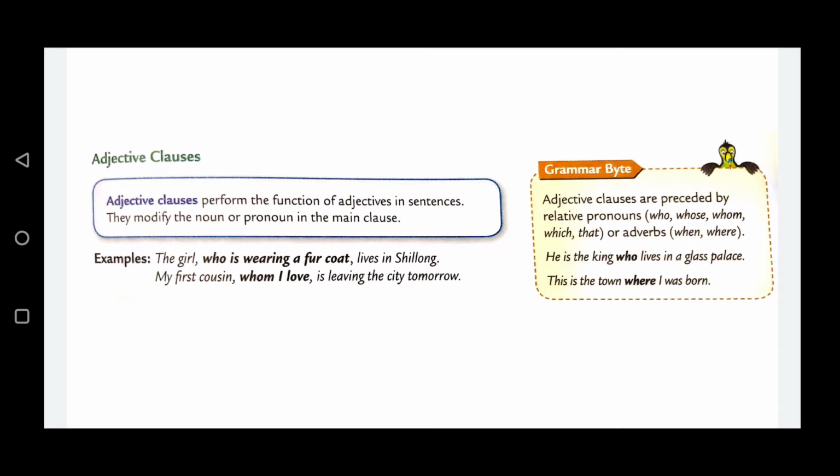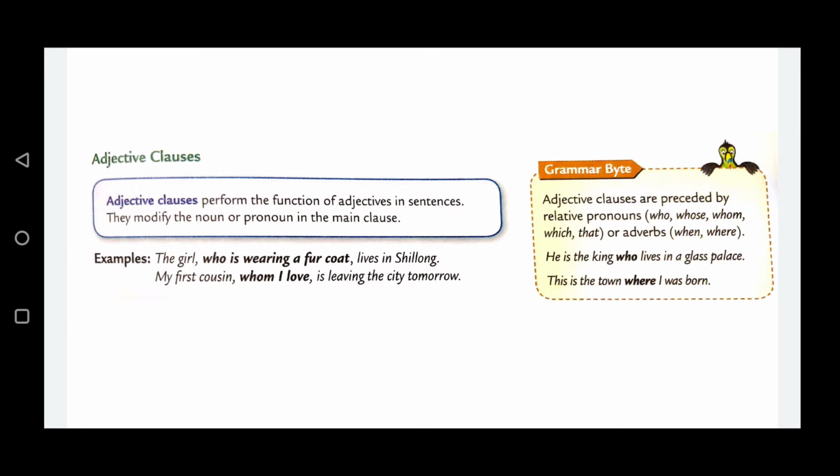So the girl who is wearing a fur coat lives in Shillong. My first cousin whom I love is leaving the city tomorrow. Who is wearing a fur coat? Whom I love. From these two things we can make out that this is an adjective clause because these relative clauses come immediately after the noun and they tell us more about the noun. So adjective clauses are preceded by relative pronouns. See, it is written over here.